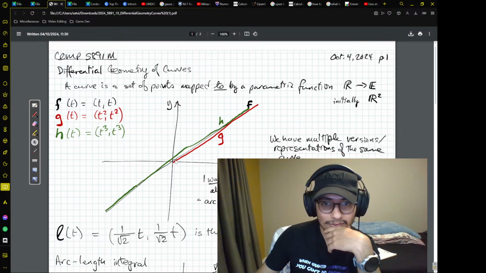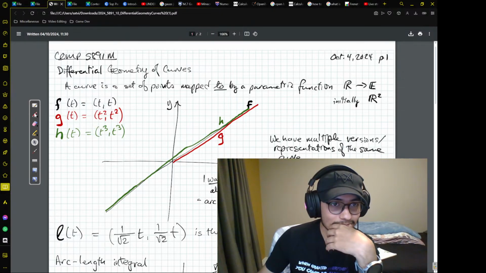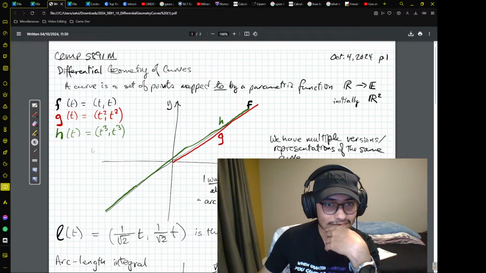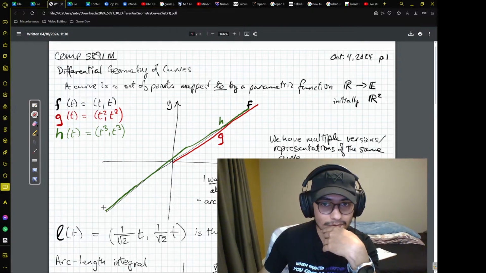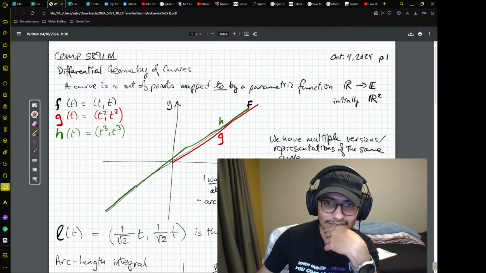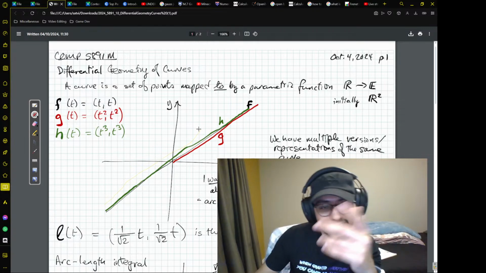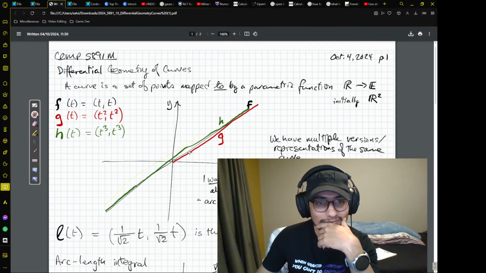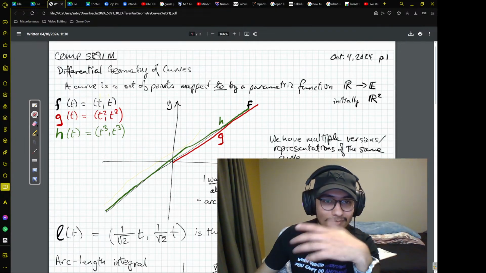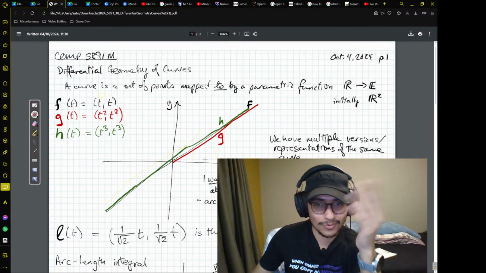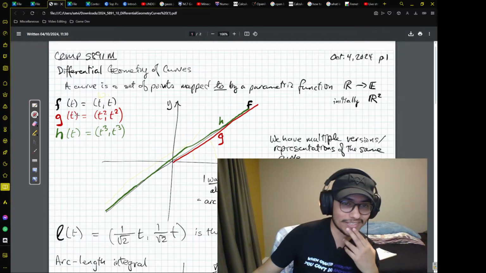You can see the line, a straight line like this, the thin black line. How will you get this line? You put some random points: let t equal 1, you get 1 comma 1; t equals 2, you get 2 comma 2. Join the points, you get the line.